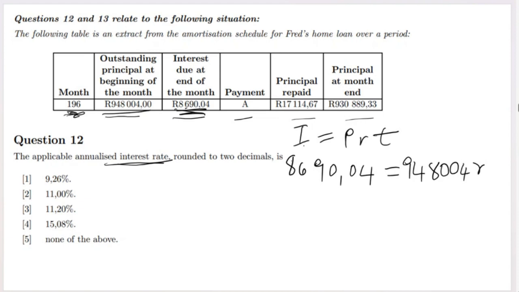What is our time? This is monthly. This is the 196th month, but we are only given a period of 1 month. So we are going to calculate the interest rate during that month. So we are only going to be looking for 1 month, not 196.